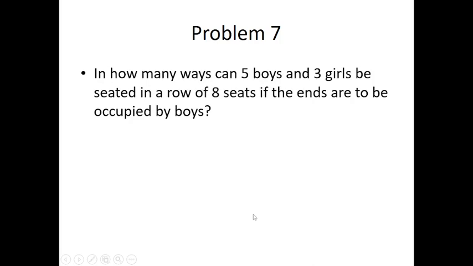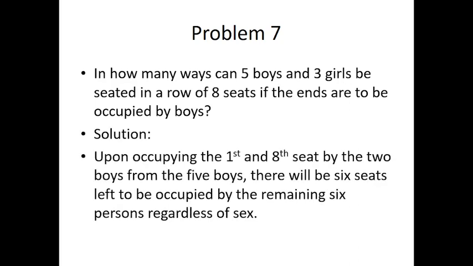So here's problem 7. In how many ways can 5 boys and 3 girls be seated in a row of 8 seats if the ends are to be occupied by boys? So let's analyze. Upon occupying the first and 8th seat by the 2 boys from the 5 boys, there will be 6 seats left to be occupied by the remaining 6 persons, regardless of sex.